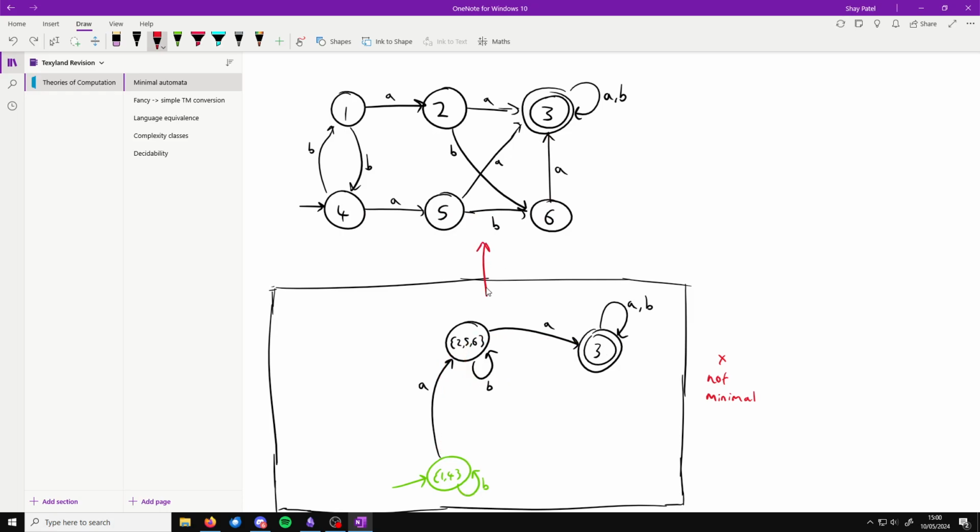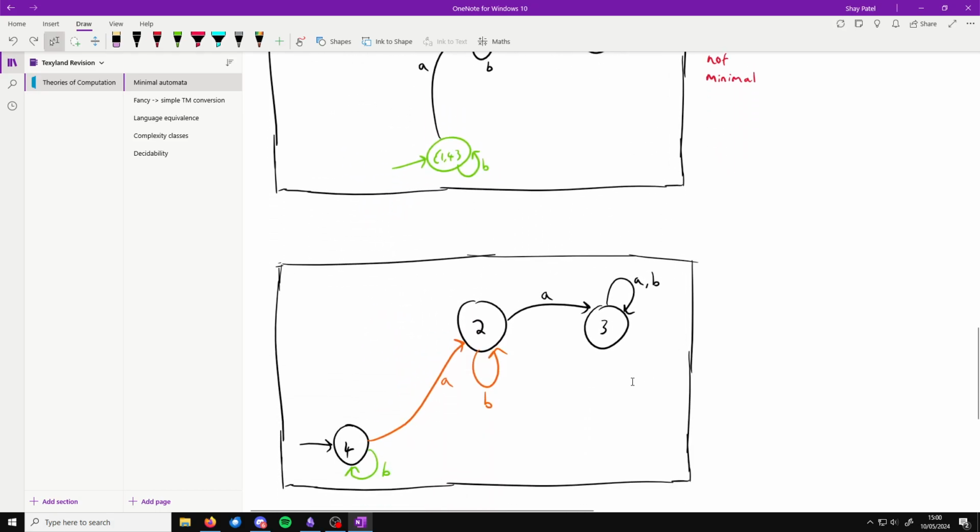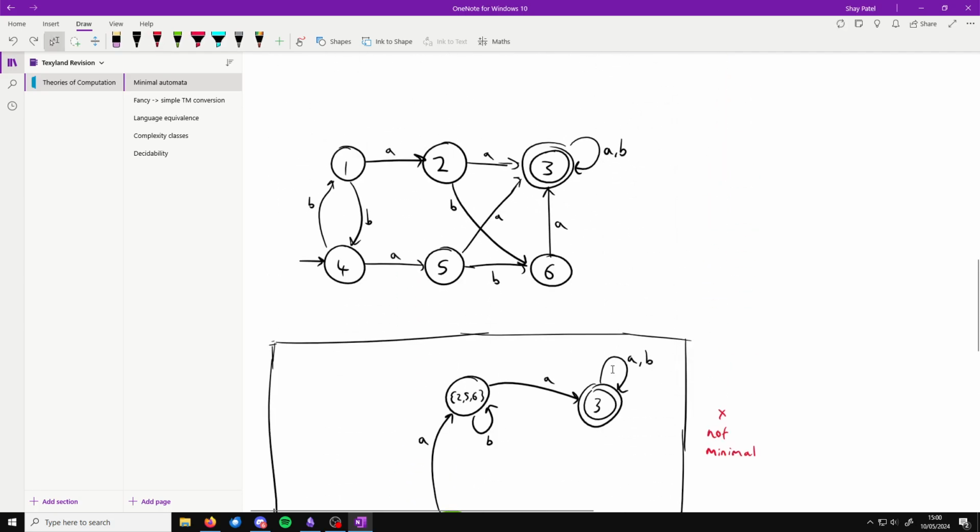So both of these are language equivalent, but the idea is this bottom one is a minimal way of representing that language. And I believe I got something similar. This is what I got, where we have 3 states and we just consume in this order.